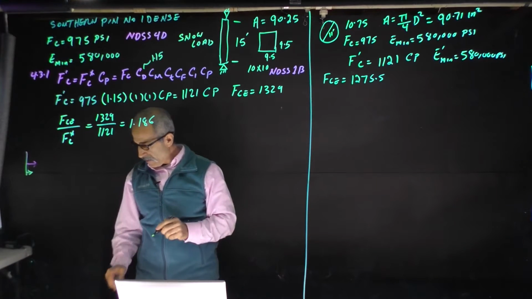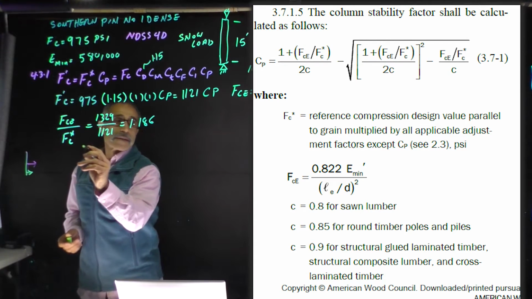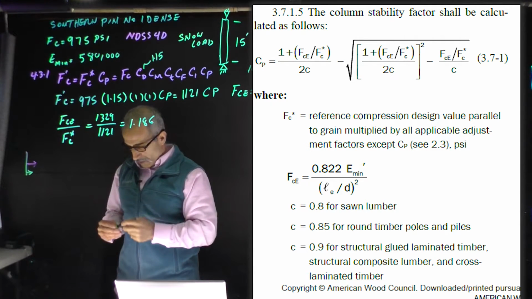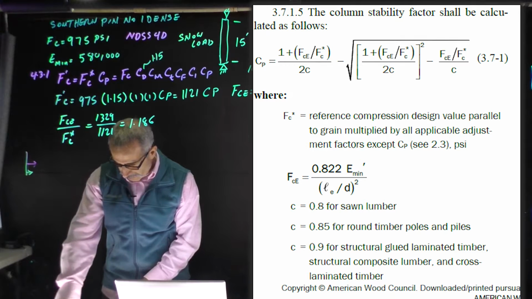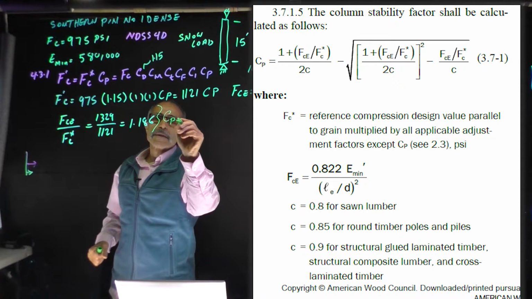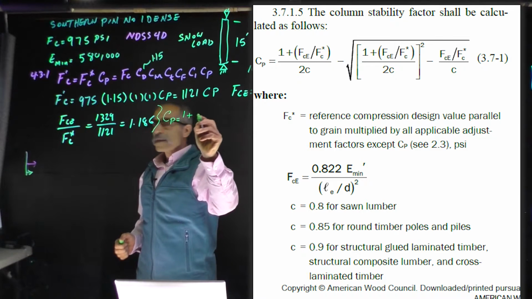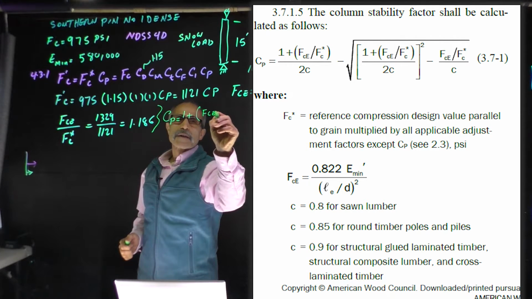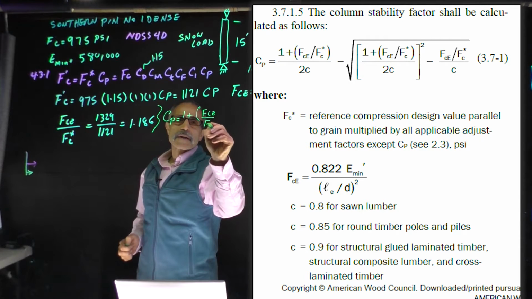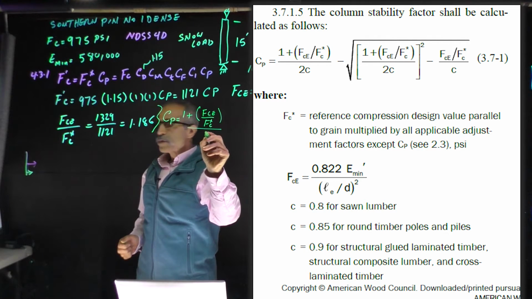Because of this formula, which I got on board right here. I'm going to write it down in a different color, smaller, because this formula: Cp is equal to 1 plus FcE divided by F*c, and divide the whole thing by 2c.